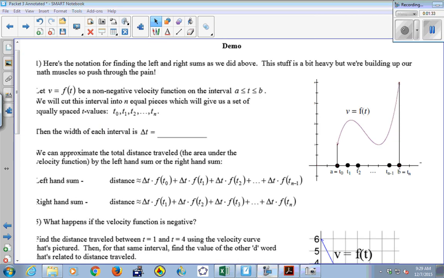Okay. So I'm going to show you some notation that is how we describe mathematically what you just spent all of class doing. What I'm going to do here is not new, it's just notation. The notation can be a bit heavy, but we're building up our math muscles. So when you're doing an actual problem, remember you're just trying to find the area under a curve, right?